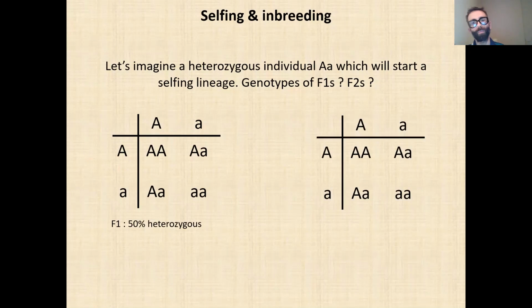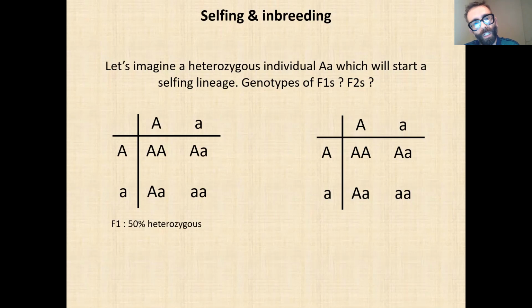Now, let's do the same for the F2s, that was for the F1. For the F2s, it's the exact same thing. Obviously, the individuals that are homozygotes, big A big A and small a small a, will only be able to give one genotype. So these 50% that are homozygotes will not become heterozygotes again, unless we consider new mutations, but that's much slower than the regeneration happening.